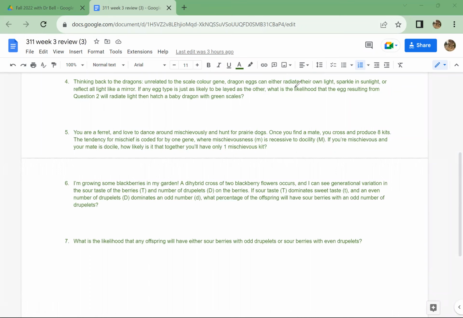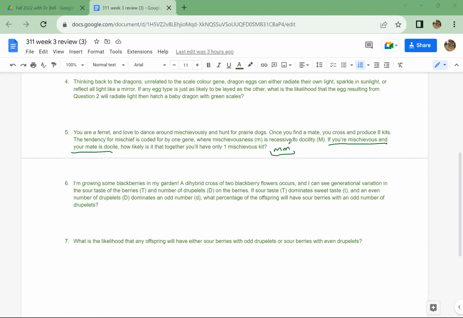It was kind of just the way that I built the question. I wrote these like 30 minutes ago, but I made it ambiguous about what the cross even was in the first place. We know that being mischievous has to do with the recessive allele. In order to be mischievous at all, you have to be homozygous recessive.